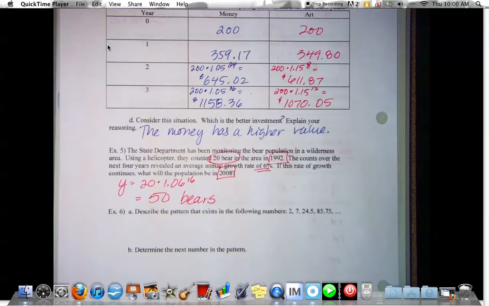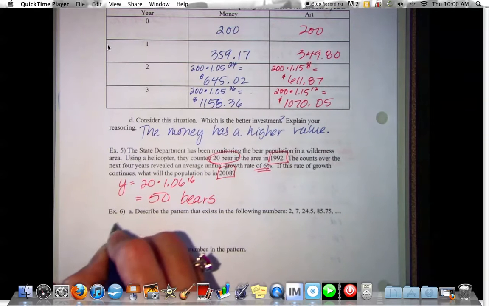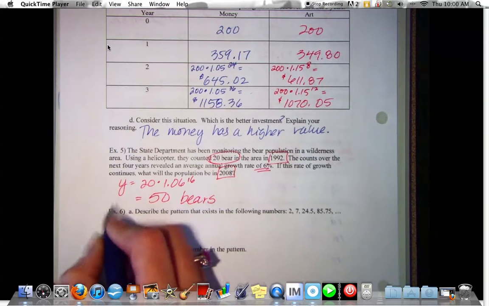Example 6. Describe the pattern that exists in the following numbers. 2, 7, 24.5, 85.75, and so on. Multiplying by 3.5. How'd you find that? I did 24.5 divided by 7.